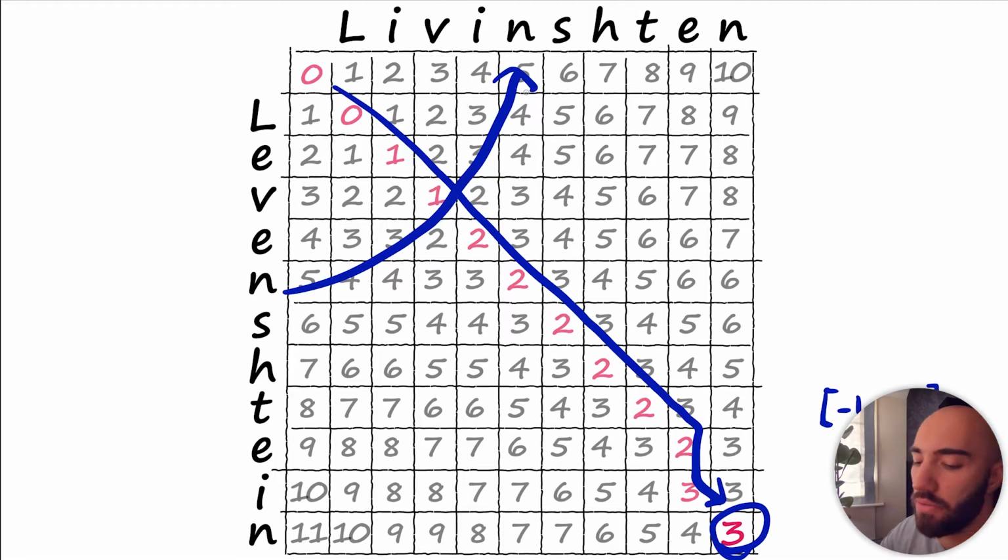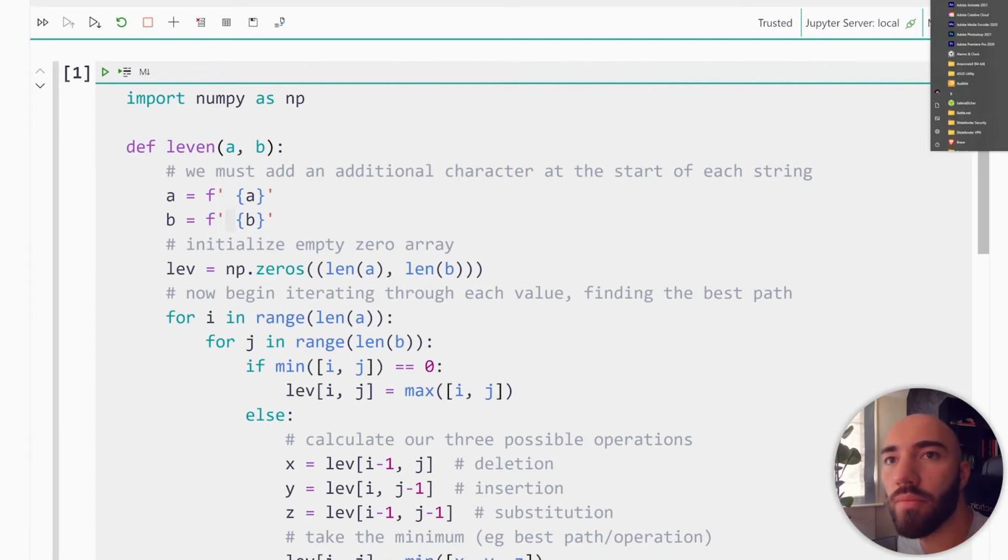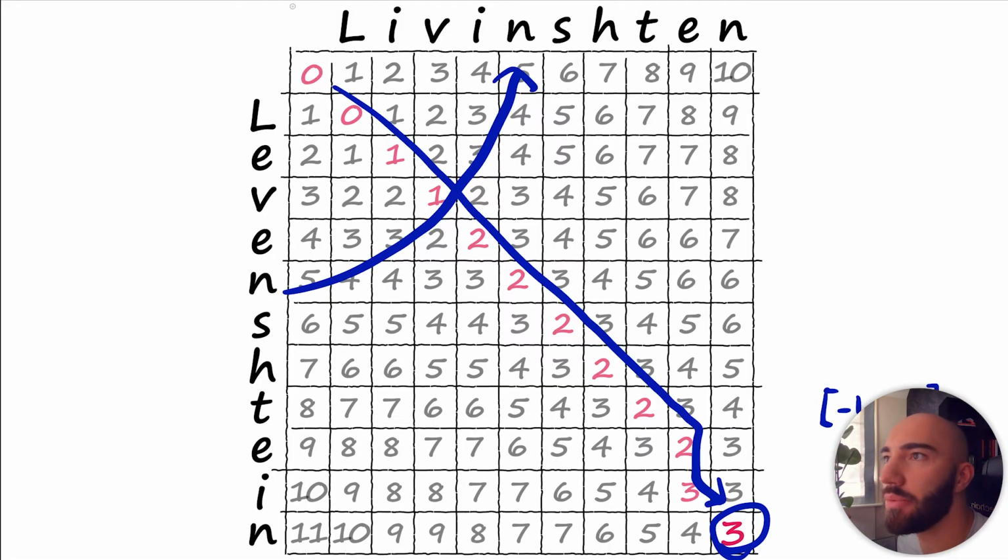Now, how does that work in Python? Well, in Python, it looks like this. So at the start here, we add an additional character. If you remember from the matrix, we had this first initial part here. These are just empty characters.